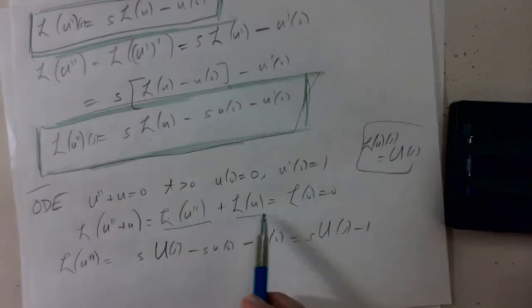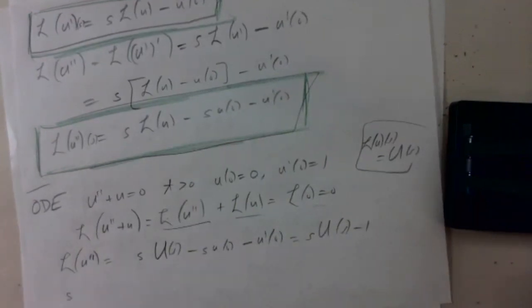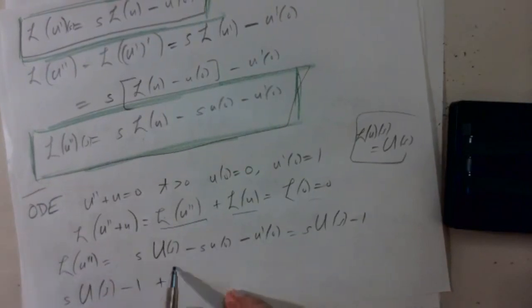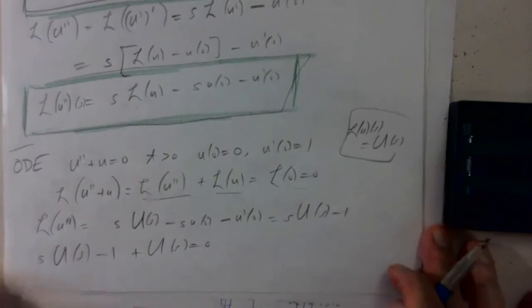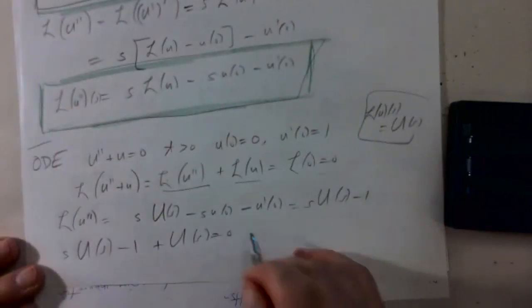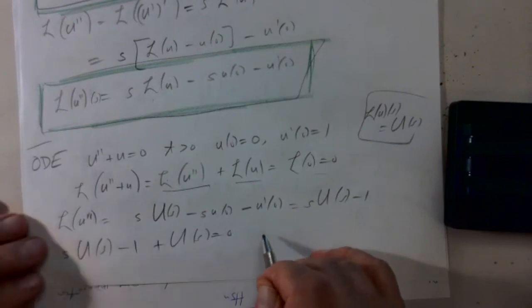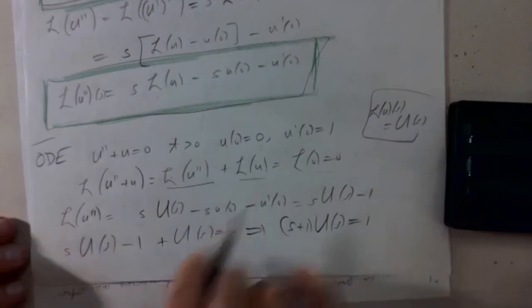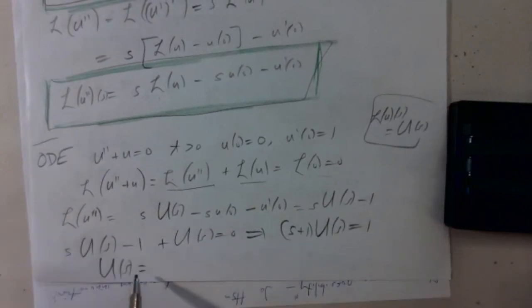So what I get, this plus this equals 0. That says that s squared U of s minus 1 plus U of s equals 0. Oops, let's see, I did something wrong here.